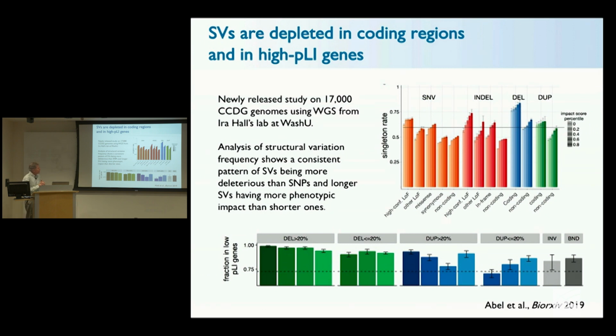And again, they are finding consistent patterns here, that structural variation, especially deletions, tend to be depleted in coding regions. They tend to be more depleted when they intersect high pLI genes. Low pLI genes are less affected. And again, the data they're finding is consistent with the fact that a large deletion is more phenotypically impactful than an individual SNP on average.